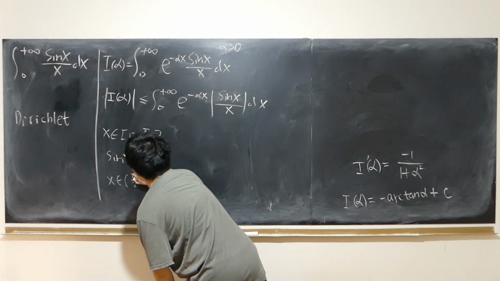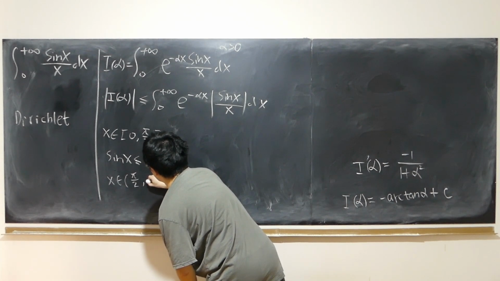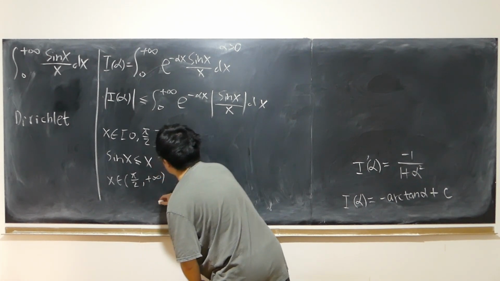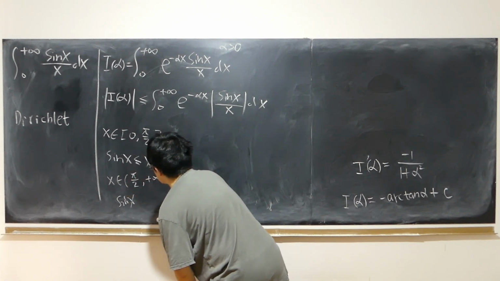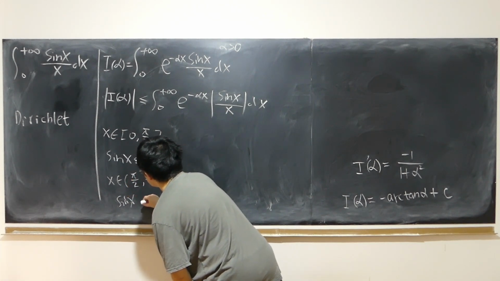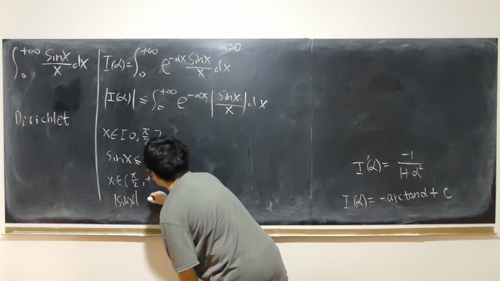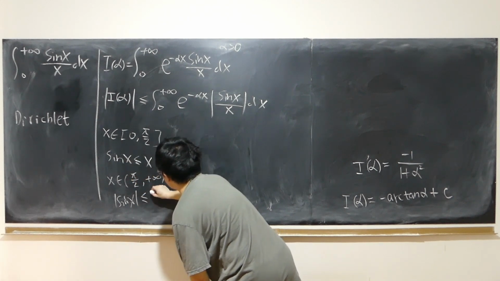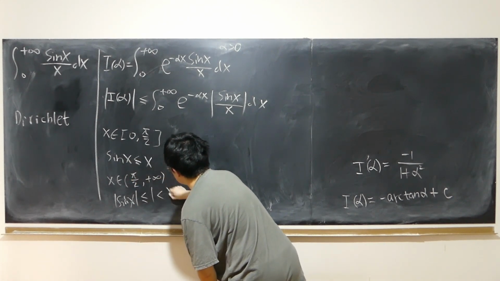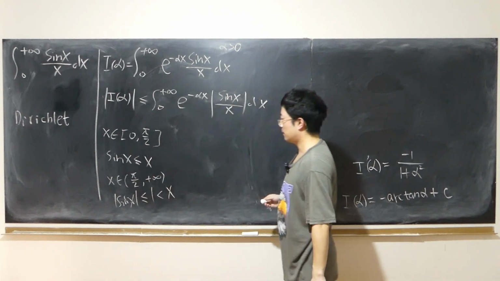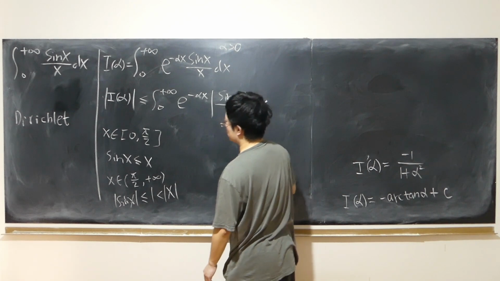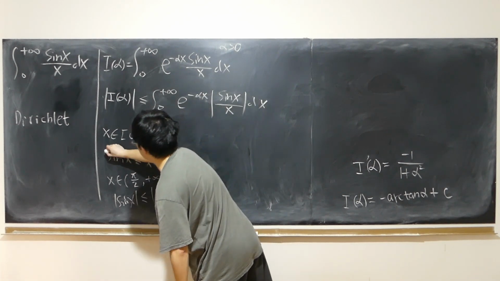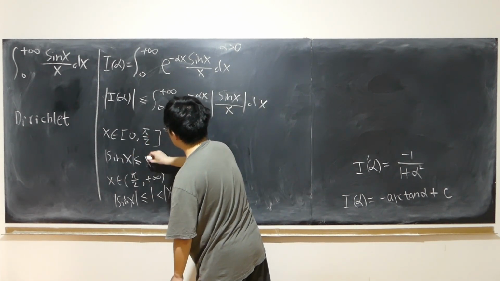And also if x is in the interval greater than half pi to positive infinity, of course the absolute value of sine x is less than or equal to 1, and 1 is less than x in this region.